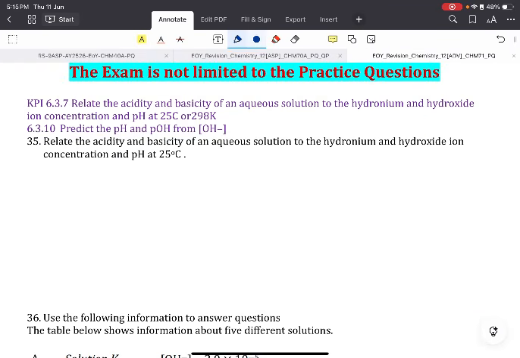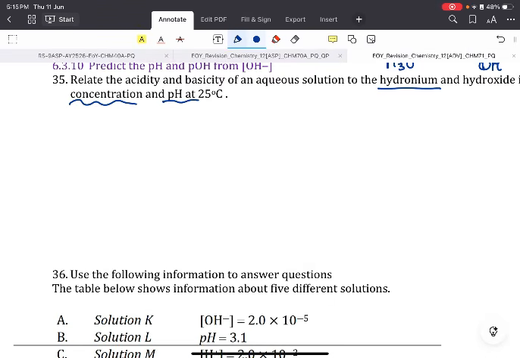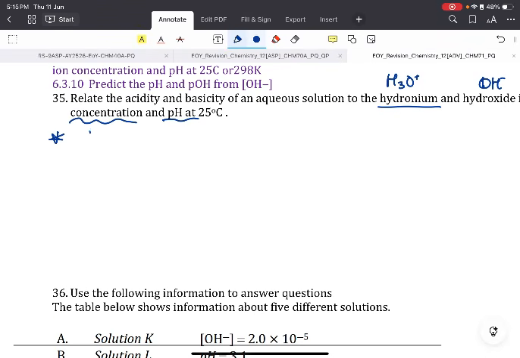Relate the acidity and the basicity of an aqueous solution to the hydronium and hydroxide ion concentration and pH. I'm just going to give you a hint to organize your ideas.